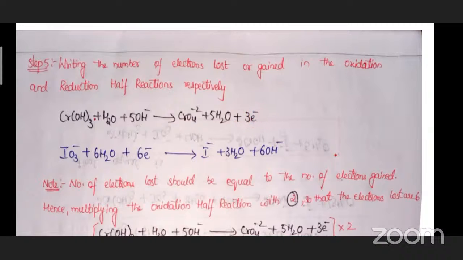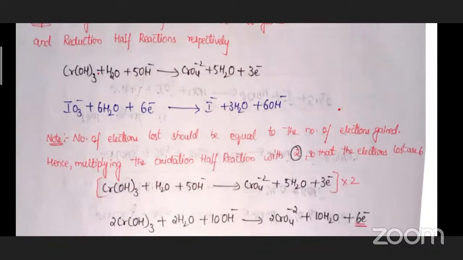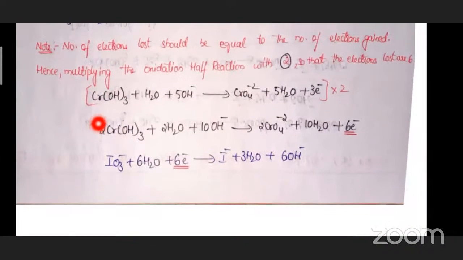Okay, this is what I am doing. You can see this into 2. So I am multiplying, and it becomes 2 chromium hydroxide, 2 water molecules, 10 OH hydroxide ions. So 2 chromates, 10 water molecules and 6 electrons.